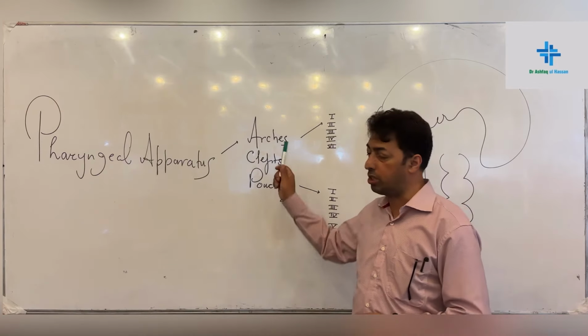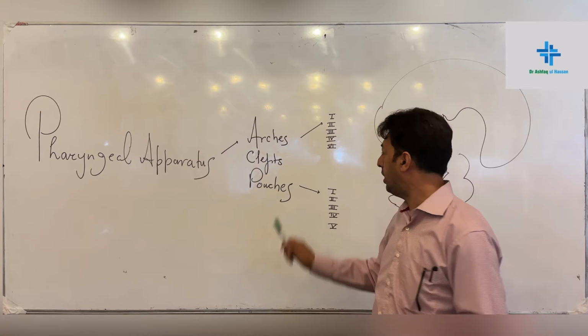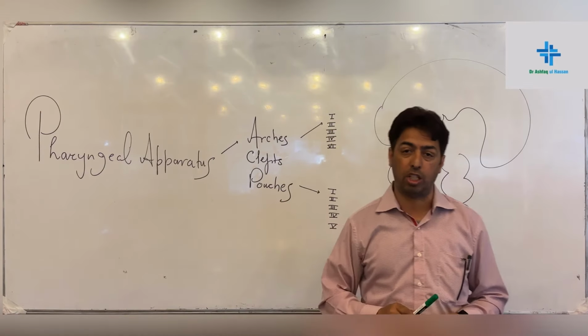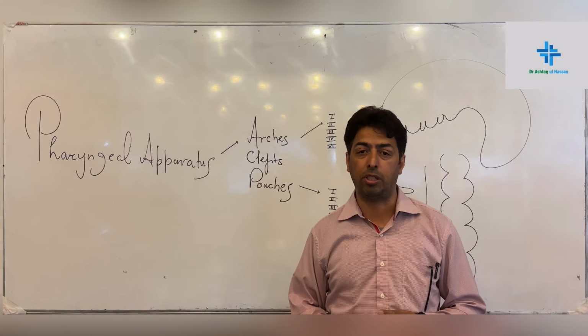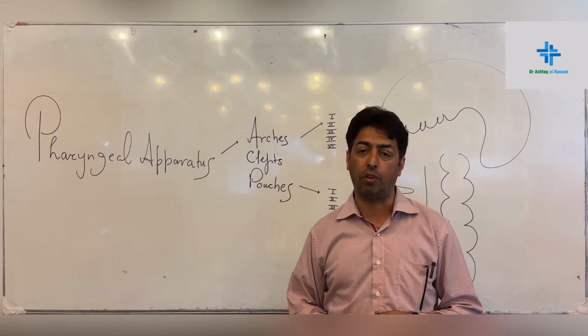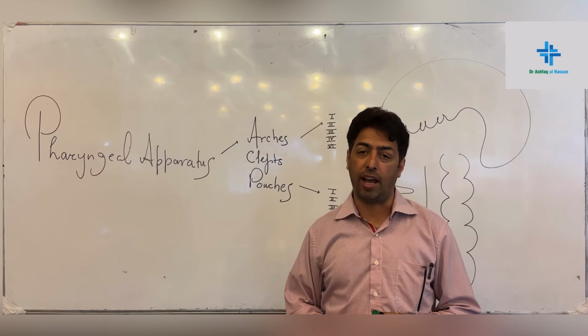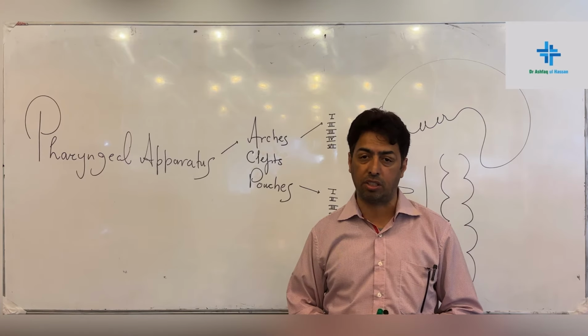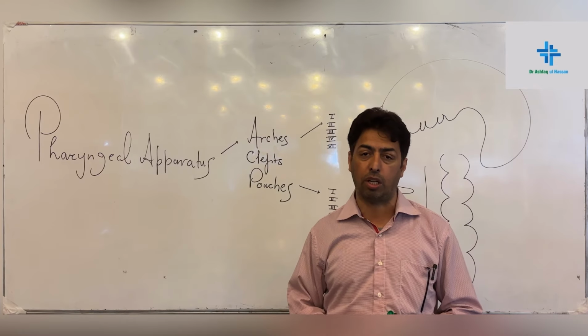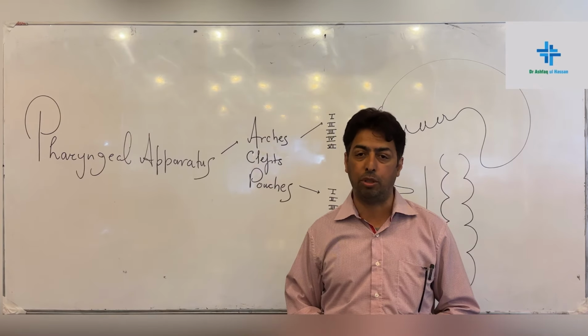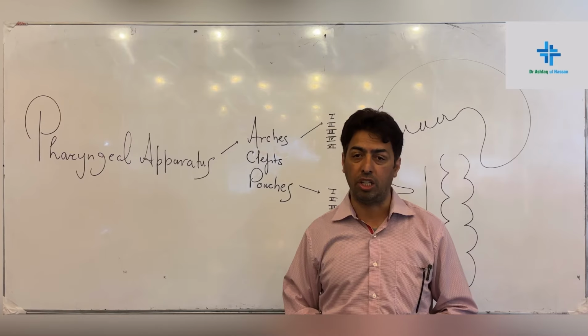The first part is the arches, the second part is the clefts, and the third part is the pouches. As far as the arches are concerned, they represent the mesodermal component of the pharyngeal apparatus. The clefts represent the ectodermal component. And the pouches represent the endodermal component of the three germ layers.